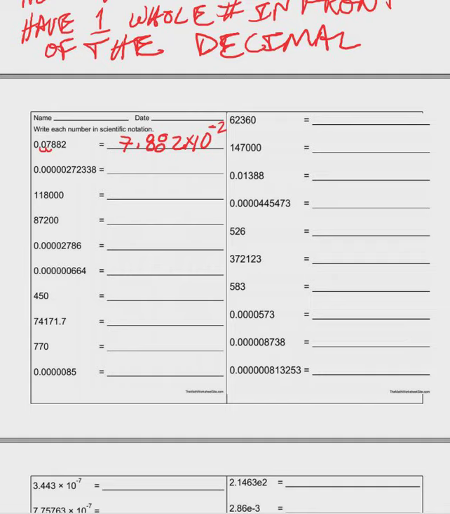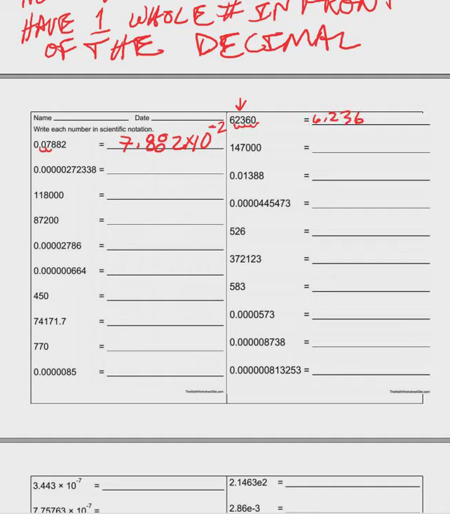We have 360,000. There is no decimal point written, but we know that it's always on the right-hand side. So we move it over 1, 2, 3, 4. We want one whole number in front of the decimal, so 3.6.